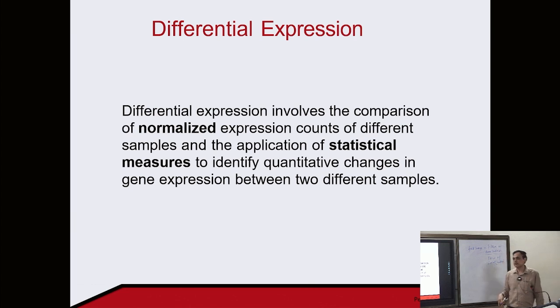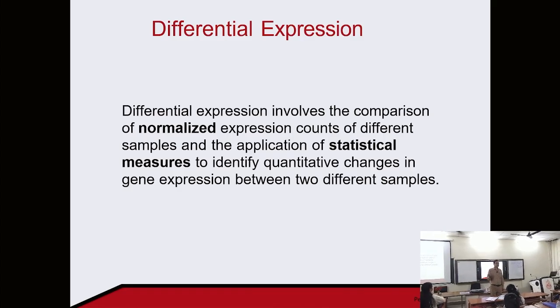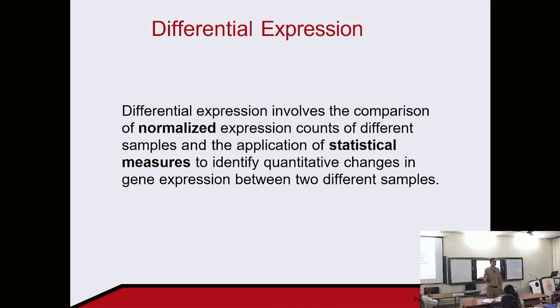So basically you are taking the ratio of the normalized count of the condition or case and the normalized count of the control. In this example, condition is disease condition and control is healthy. Okay, so you compute this, and for example, for a gene, this could be 1000 and this is 100.